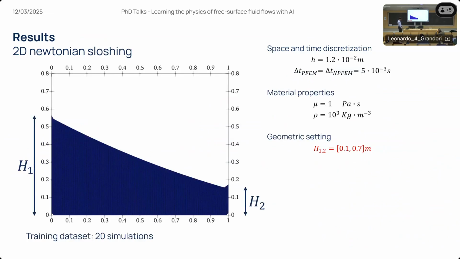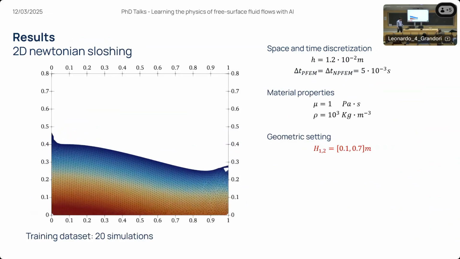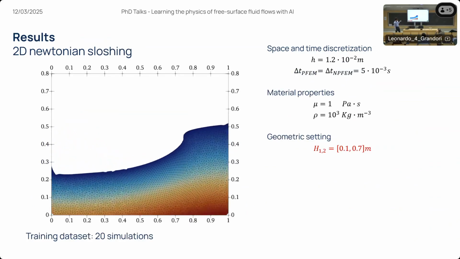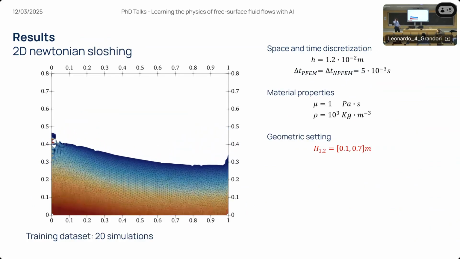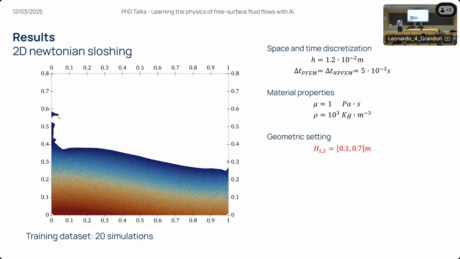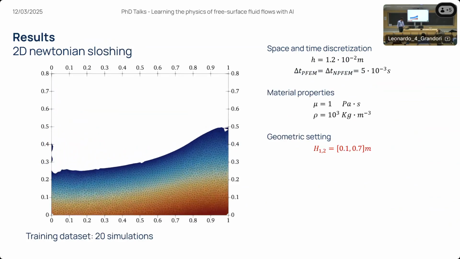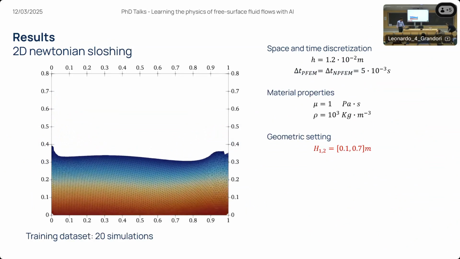Let's see some results. We started from Newtonian fluids, where we change in the training dataset only the initial geometries. This is a sloshing example.